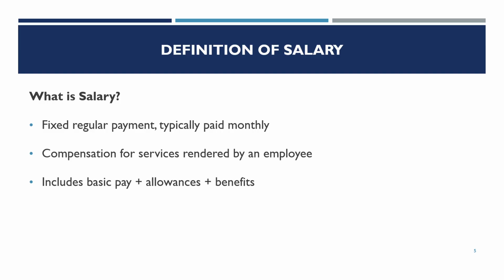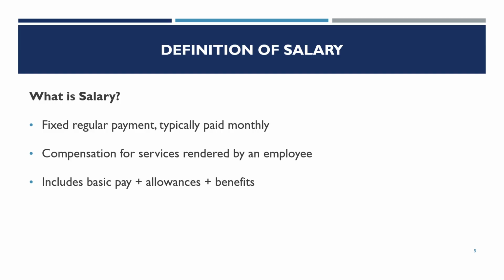Next, the next part of this session is the definition of salary and the components of salary. So what is salary? Salary is more than just the amount you see on your offer letter. It is the total compensation given to an employee for their work. It is usually fixed and paid monthly, but it includes various components.